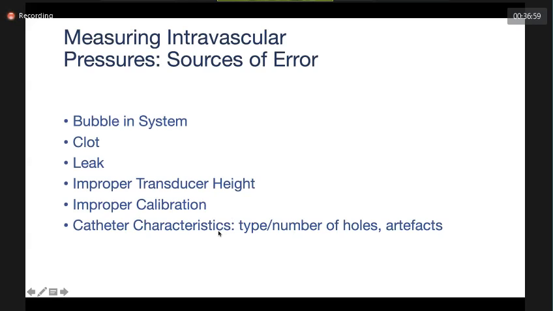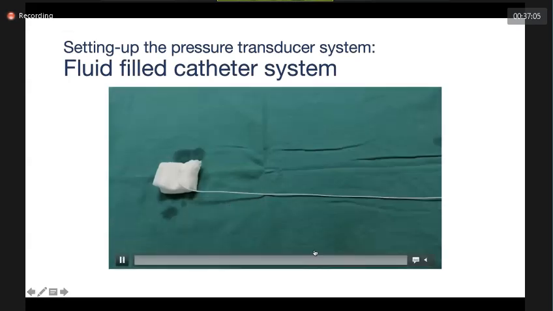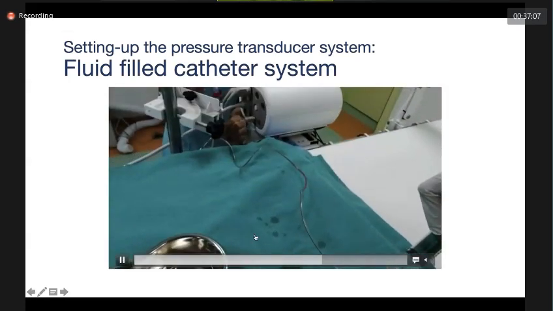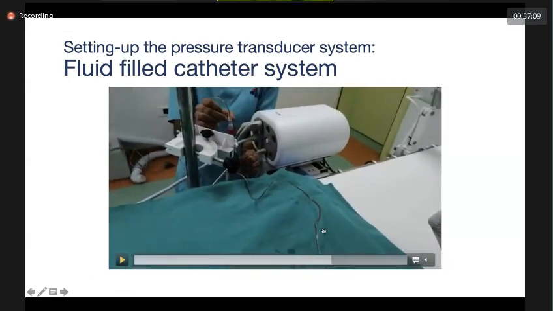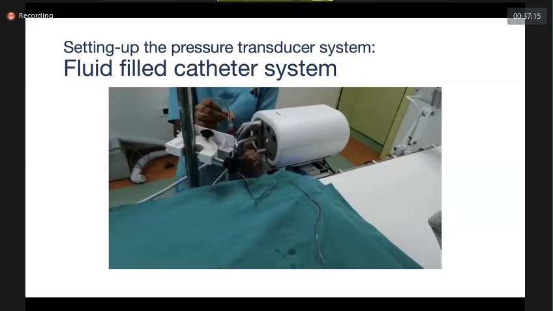Second is the catheter characteristics and the tube characteristics. You can see here the pressure recording tube, which is a semi-compliant tube. You can't have a completely compliant tube. Completely compliant means that when you flush it, like a balloon, it will distend.